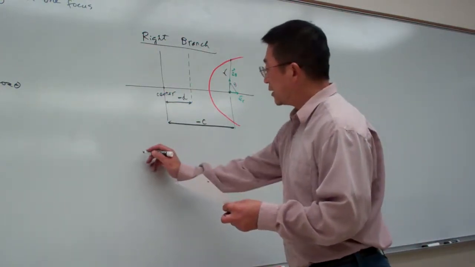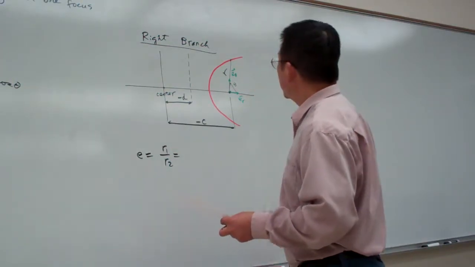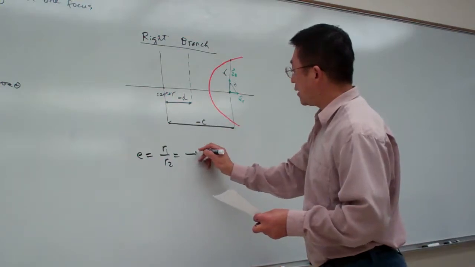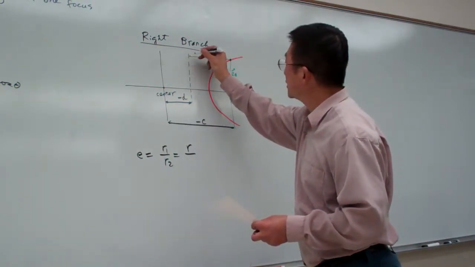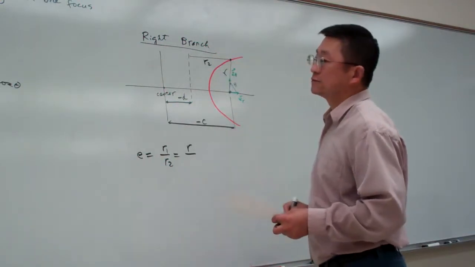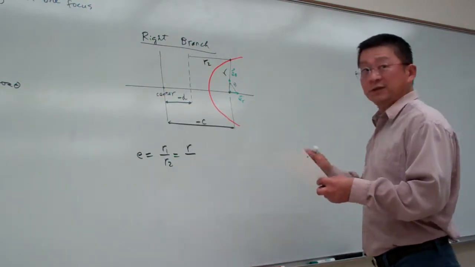In a similar way, e equals R1 over R2. And at this point, R1 equals r, and R2 is from here to here. This is R2. Okay. Do this quickly.